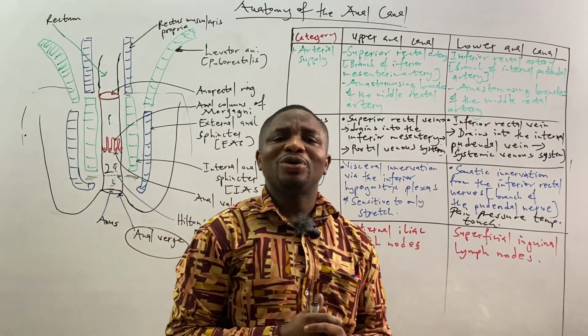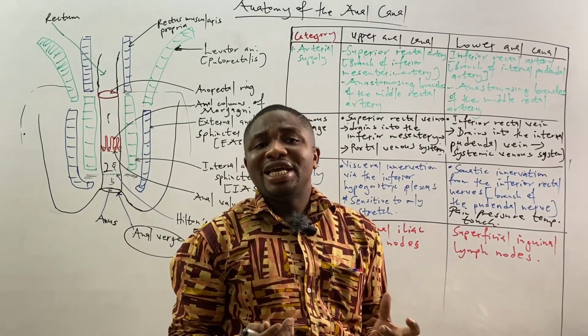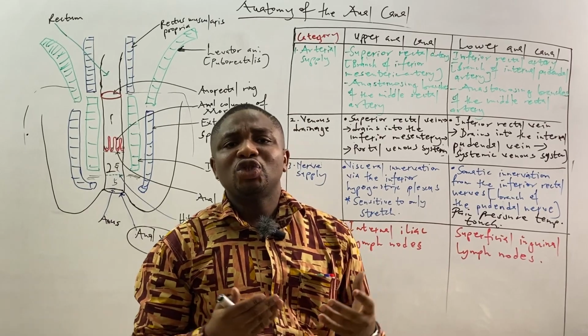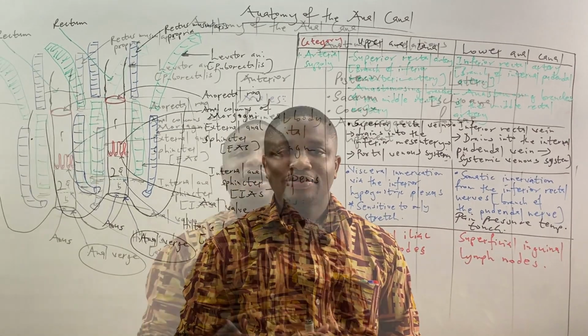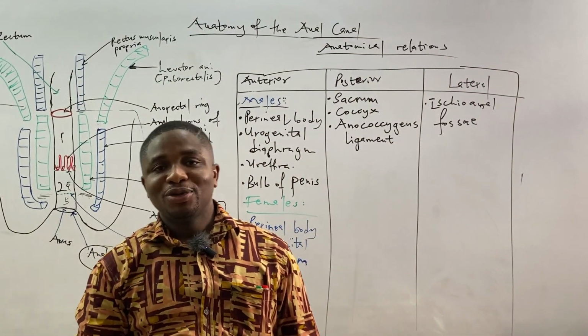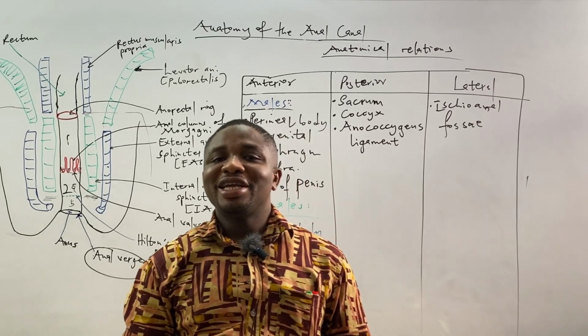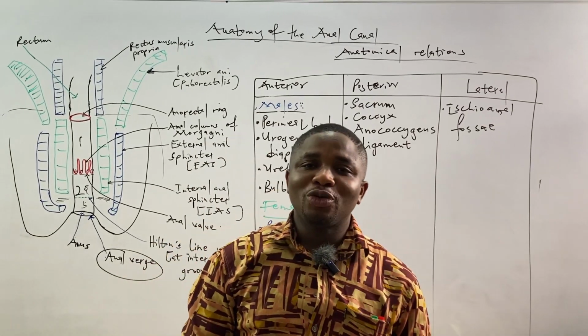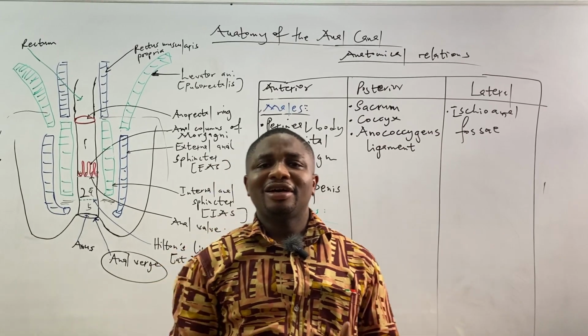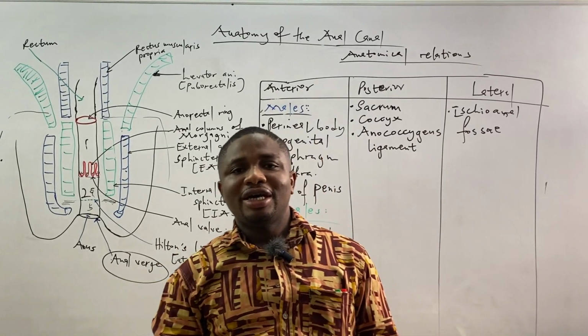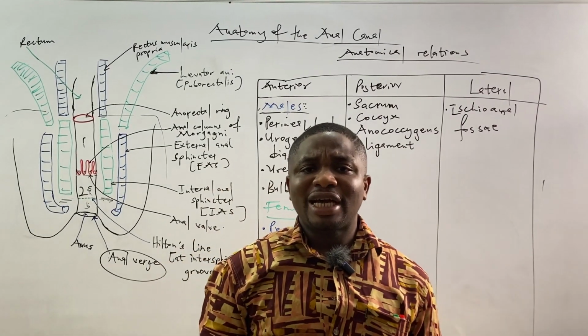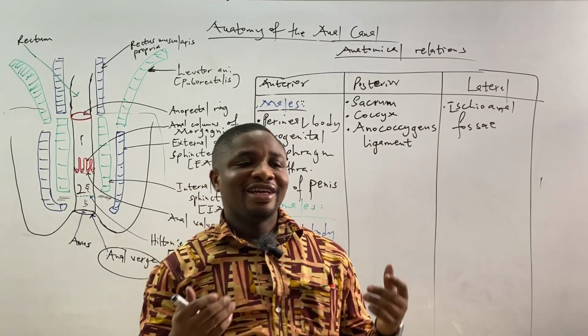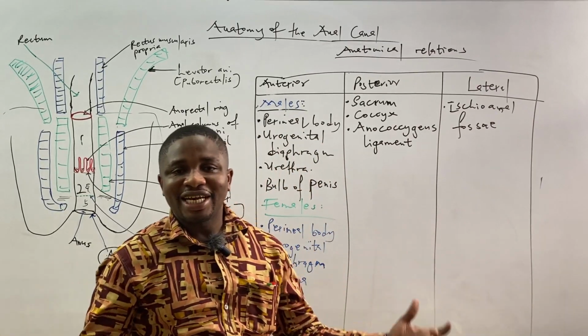Now, the last thing we want to look at is the anatomical relation of the anal canal to other structures. Which structures does the anal canal relate to? In this aspect, we are going to be looking at anteriorly, posteriorly, and laterally to the sides.